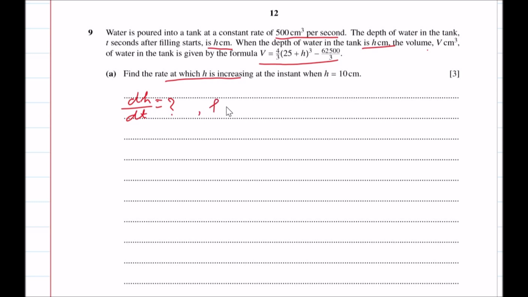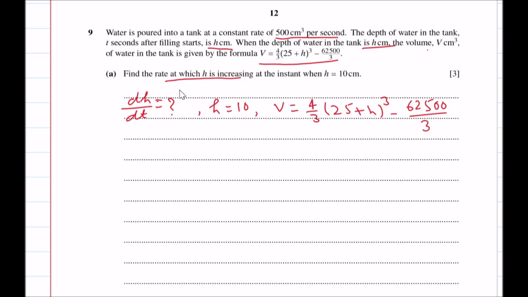What is given? We have h equal to 10. We have v equal to 4 by 3 into (25 plus h) to the power 3 minus 22,500 divided by, these are the things given.